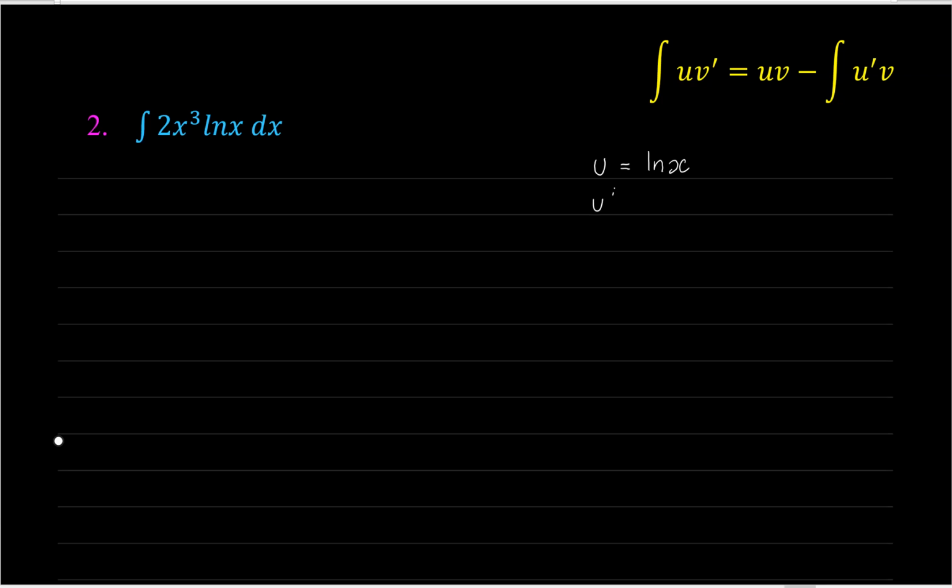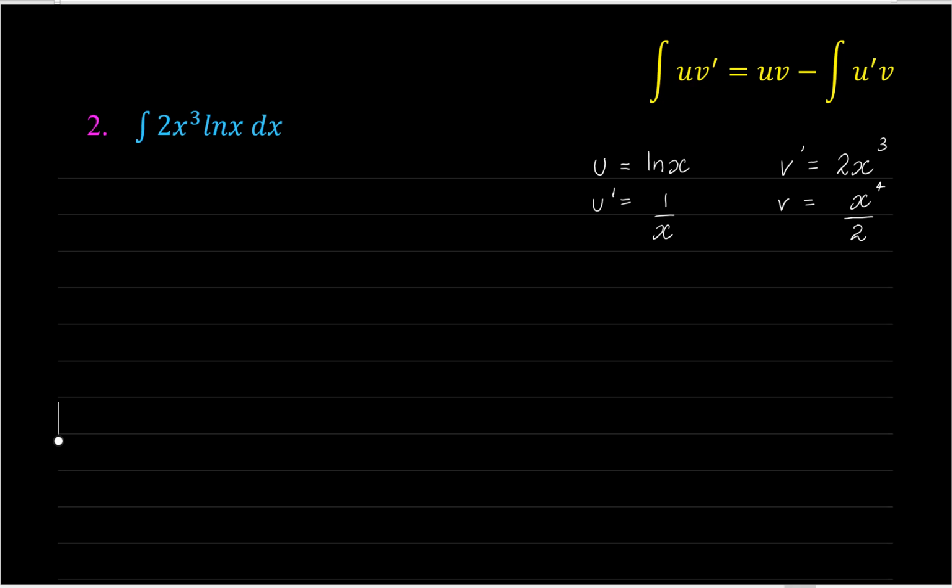So u dashed is 1 on x. And that makes our derivative function 2 x cubed. Now when we integrate that, we're going to add 1, divide by the 4, and so the 2 and the 4 cancel and we get the half.